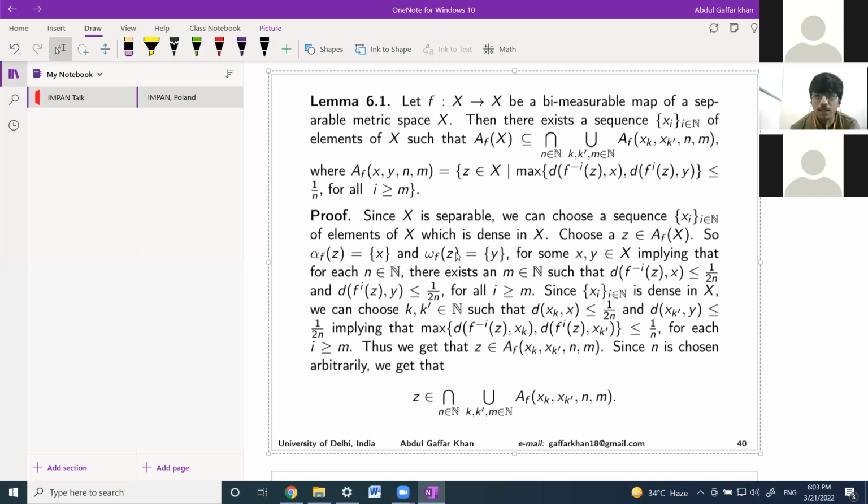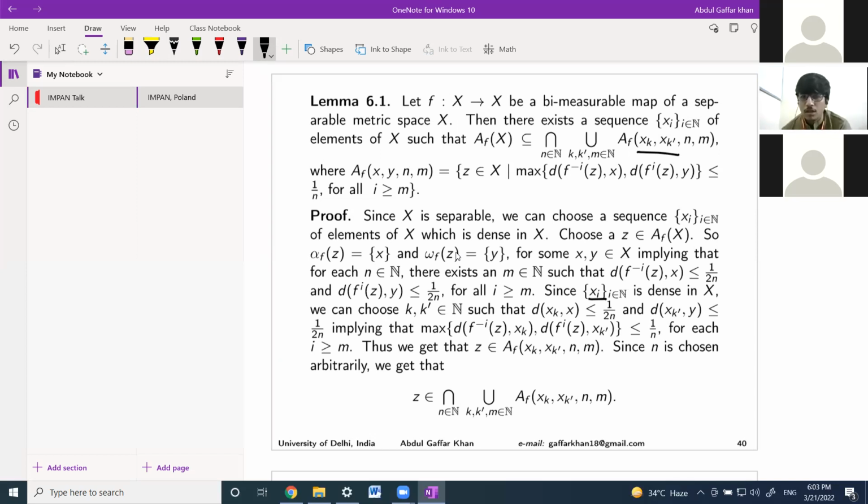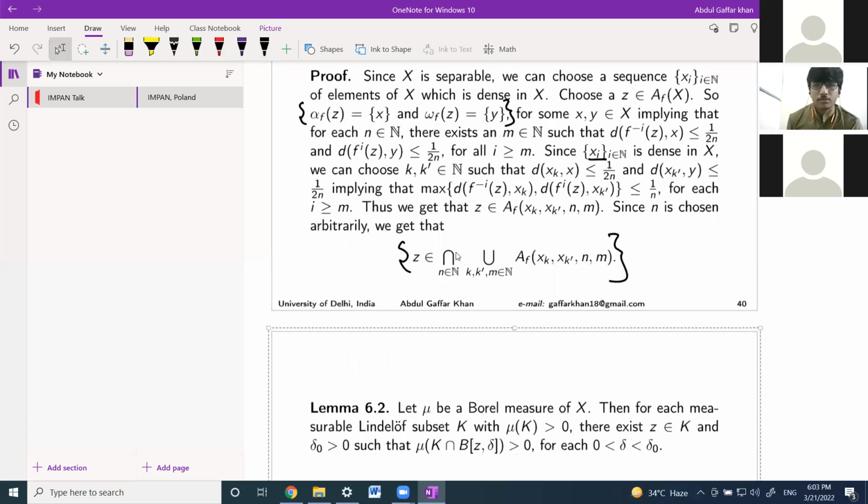The proof follows from the set-theoretic containment. We can take one element in A_f(x), and we can replace the sequence x_i, which comes from separability. Observe that if z is in A_f(x) and z is in this sequence, the fact that it has converging semi-orbits will come in handy, and it will follow from triangle inequalities that z must be an element of this set, and hence A_f(x) will satisfy this.